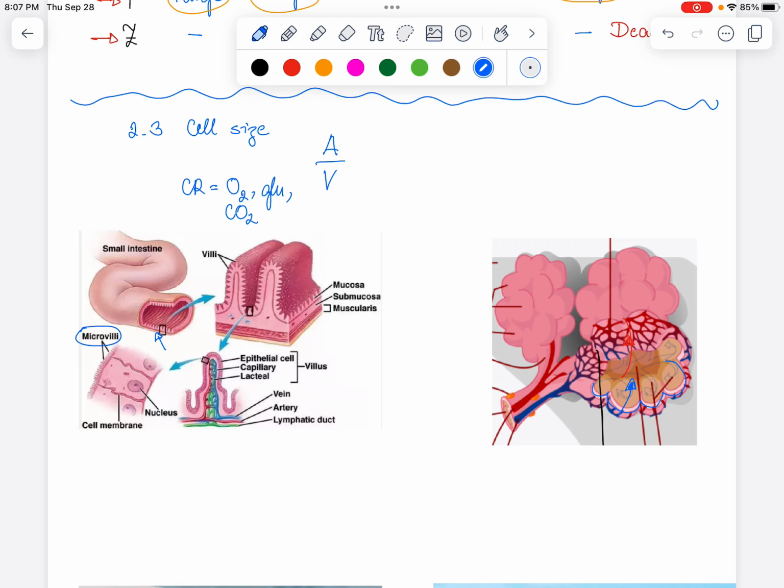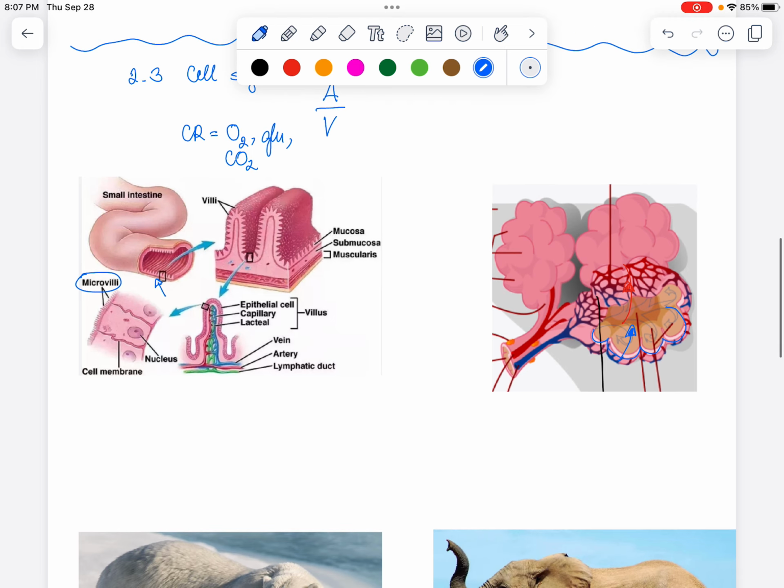Examples from biology. The small intestine here in this picture, this will be our first example, contains folds. These are the folds, and they are the villi. And on the villi surface, we have microvilli too.